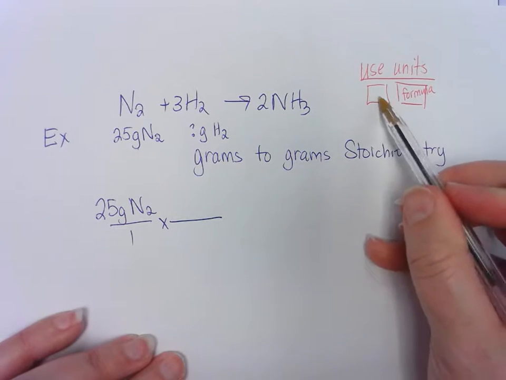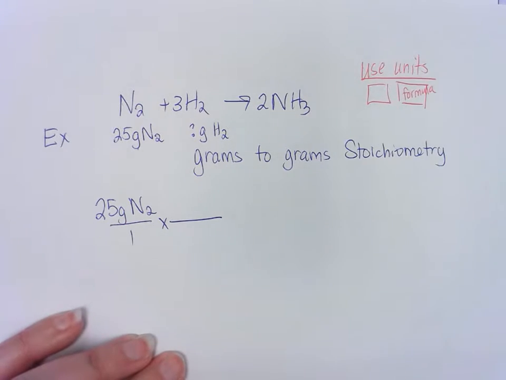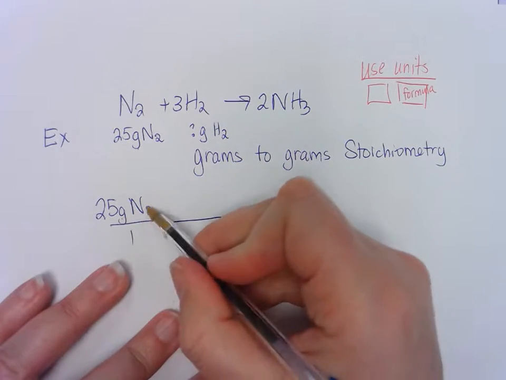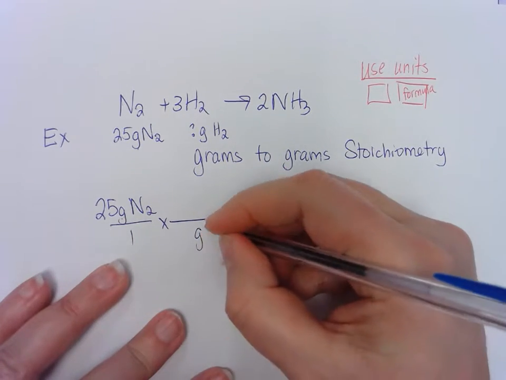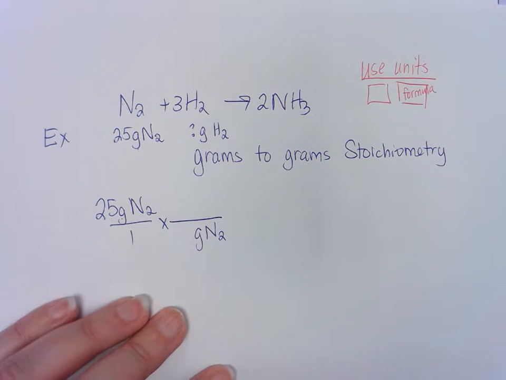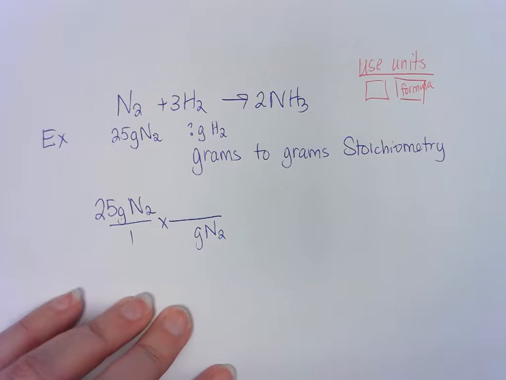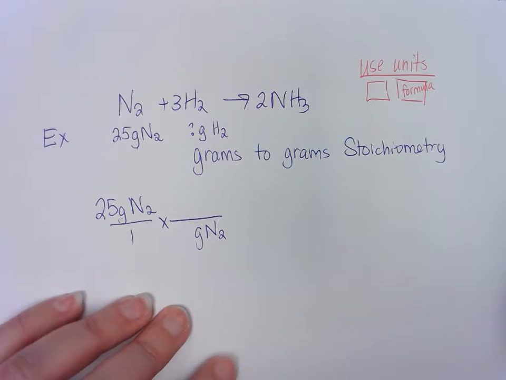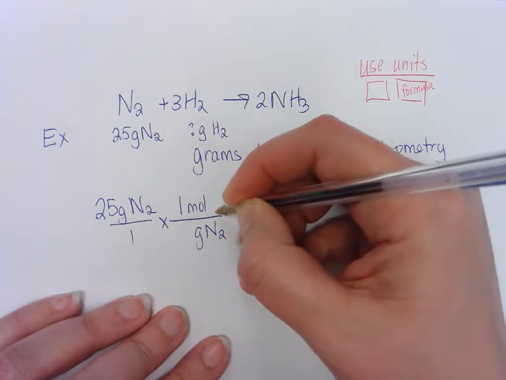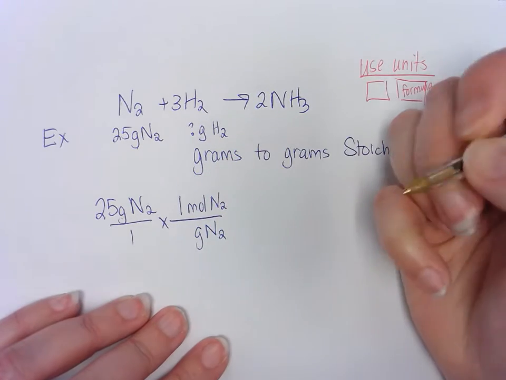We have a quantity and we have a formula. In the next fraction, in order to cancel it, I am going to have to put the grams of N2 on the bottom. The only thing that I can do with my grams of N2 is change it to moles. I can go from grams to moles using the periodic table and the molar mass provided.